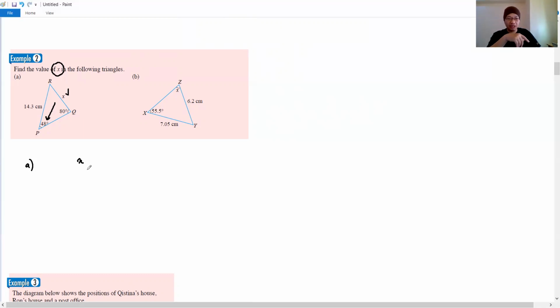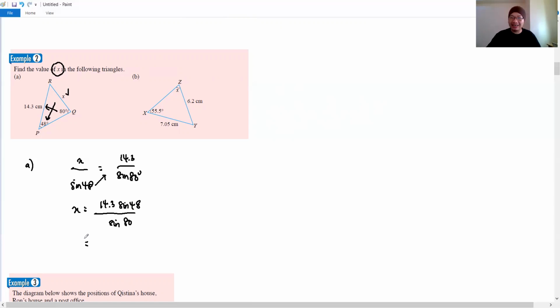So x over sine 48 equals to, the second relationship is 14.3 over sine 80. If I want to find x, I need to bring the sine 48 to the right side, so it becomes times. It becomes 14.3 times sine 48 over sine 80.